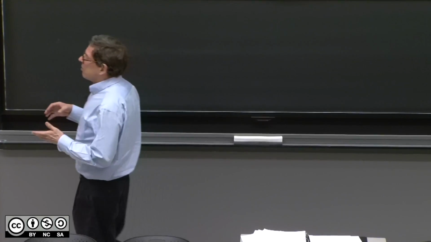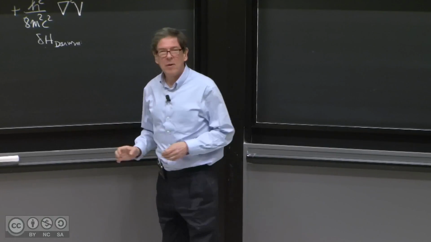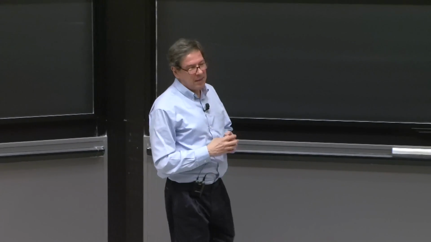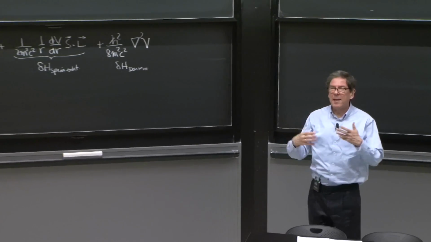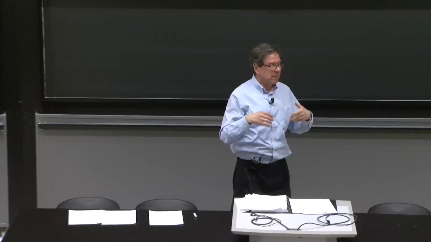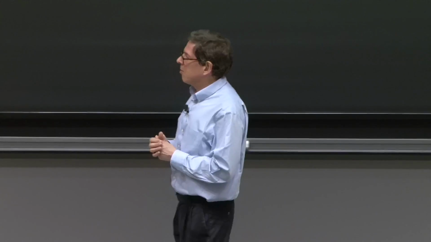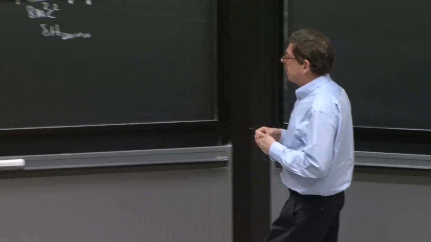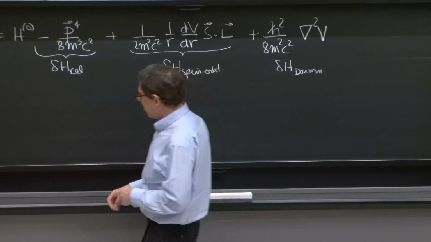Today we have to continue with our discussion of the hydrogen atom. We had derived, or explained how you would derive, the corrections to the original Hamiltonian, the Hamiltonian you've studied already in a couple of courses.